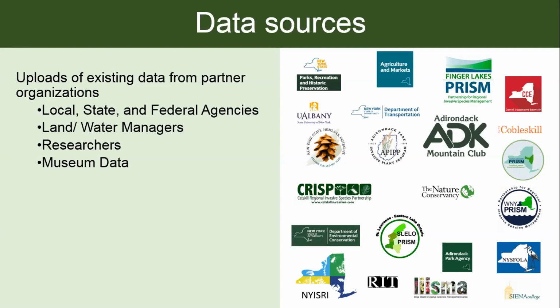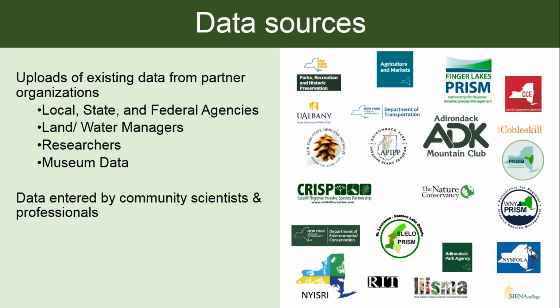But the complication is that invasive species are constantly spreading. There's new invasive species arriving. So we really need a continuous flow of data into the database to have a current understanding of invasive species distributions. And so data entered by community scientists and professionals has been very important.